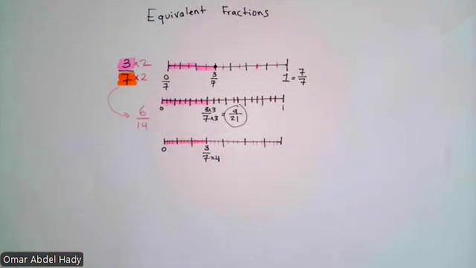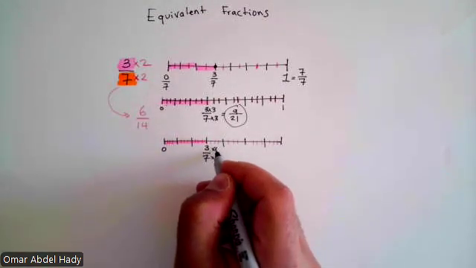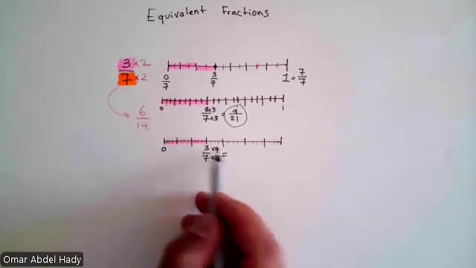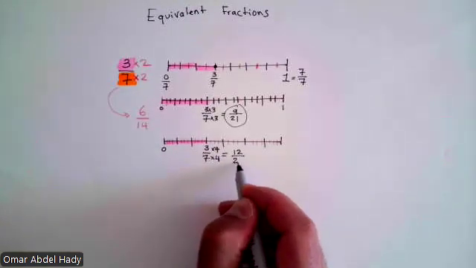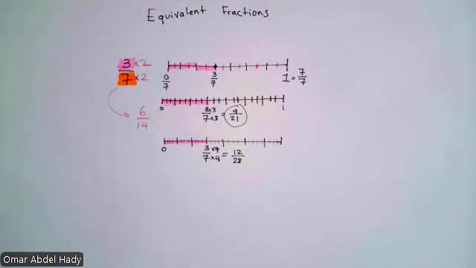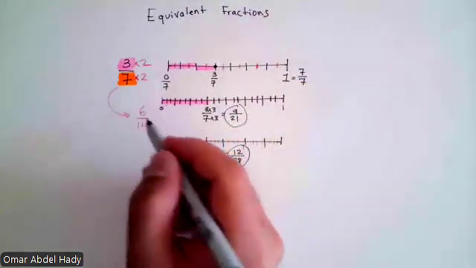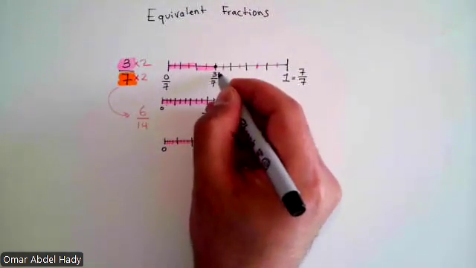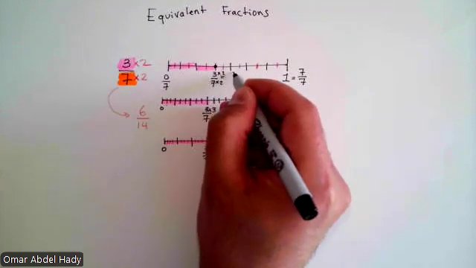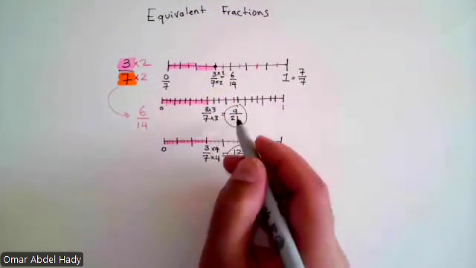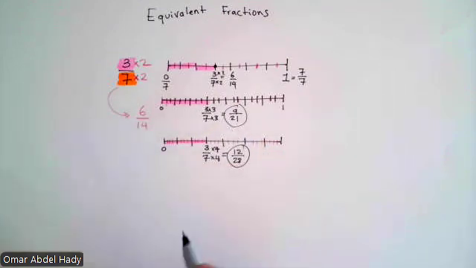So I multiply the 3 by 4 as well. That gives me 12 pieces of 28ths. And I have my 3 equivalent fractions: 6/14ths, 9/21sts, and 12/28ths.